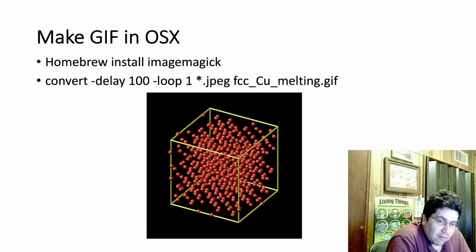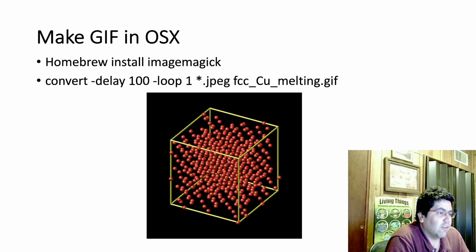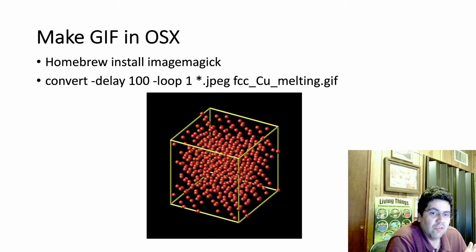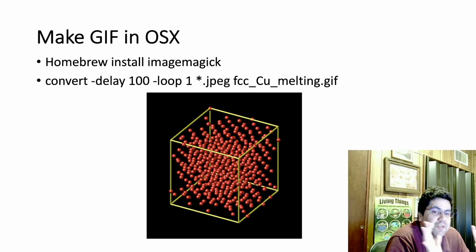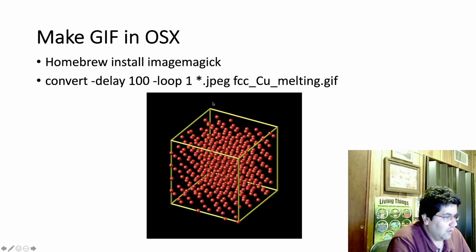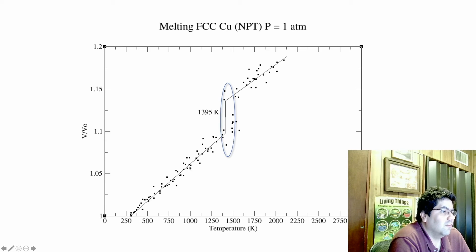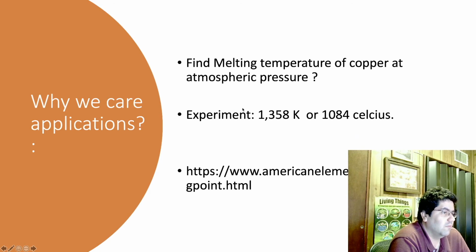That's when you know that you have a phase transition. This is like a movie that you are making, grabbing all the images and making them into an animation. And you can predict this curve right here, at this pressure, using molecular dynamics simulations.